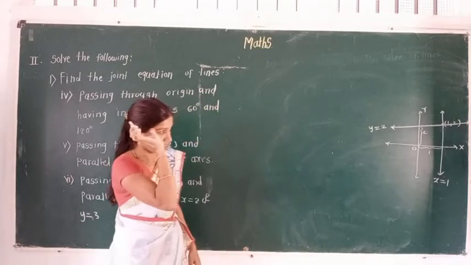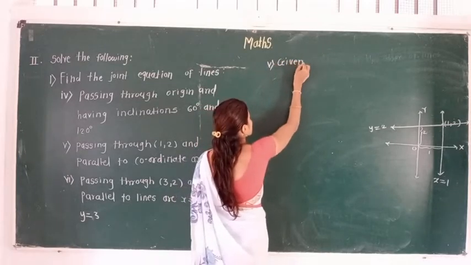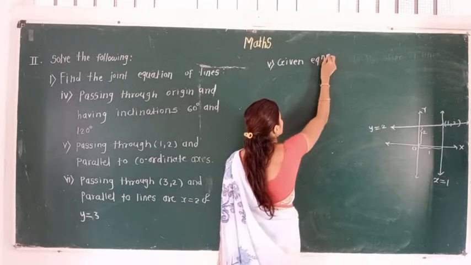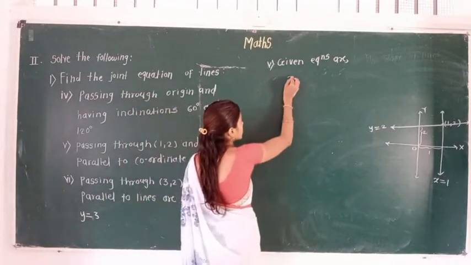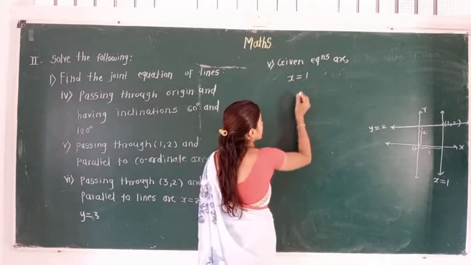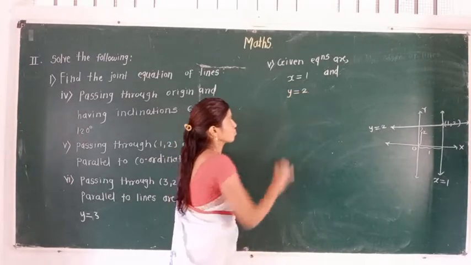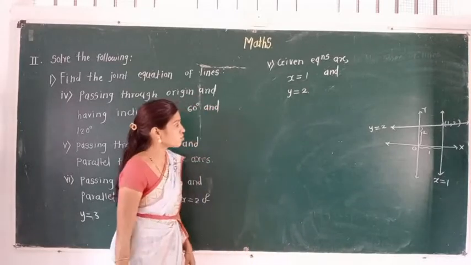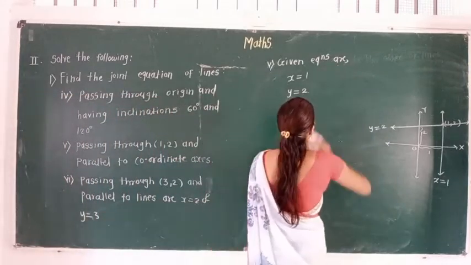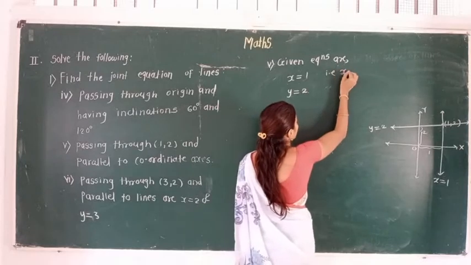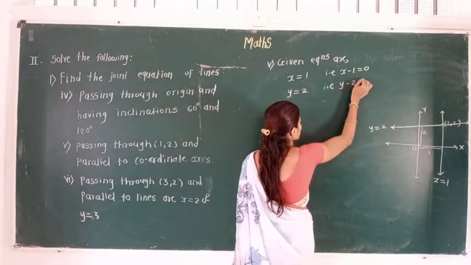So the given equations of the lines are x equals 1 and y equals 2. These two are the given equations of the lines. We write the first equation as x minus 1 equals 0, and the second equation as y minus 2 equals 0.